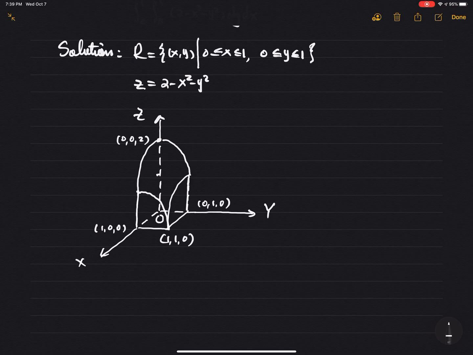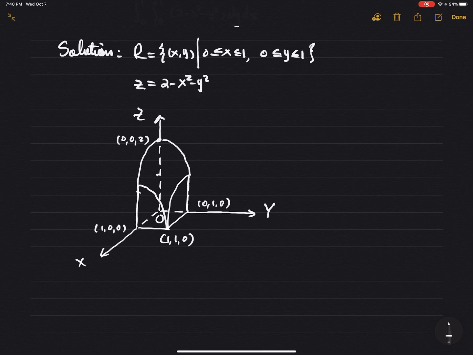Maybe I should draw this at the same height, maybe a little bit higher. So like that.